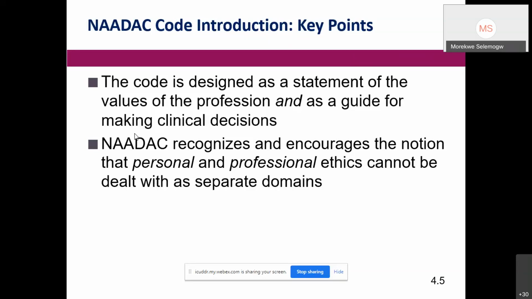And I would want one of the participants to just clarify why this is very important, that we need to recognize that personal and professional ethics are not separate. Why can they not be dealt as separate domains? Just one person to share with us why they think this recognition is very important.